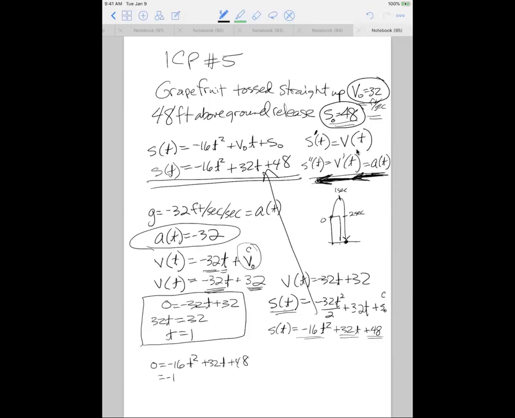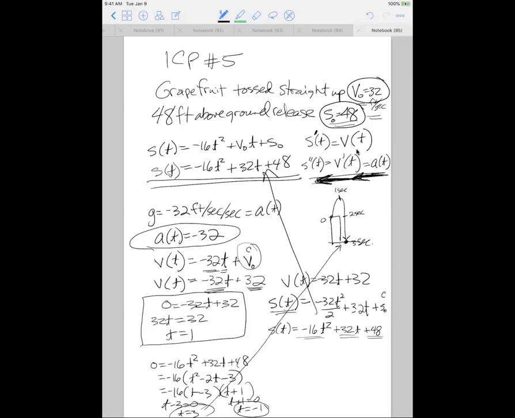We factored out a negative 16 and got t squared minus 2t minus 3, which factors into t minus 3 and t plus 1. Then t minus 3 equals 0 meant t equals 3. And t plus 1 equals 0 gave us t equals minus 1, which doesn't count in the problem because you can't have negative time. So t equals 3 corresponds to when s of t is equal to 0, when it hits the ground.